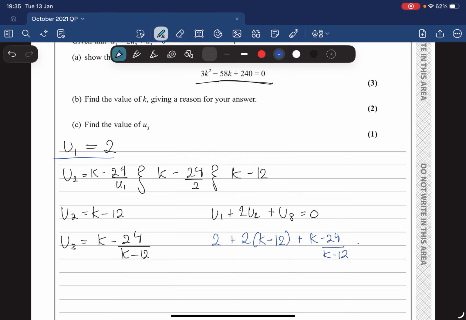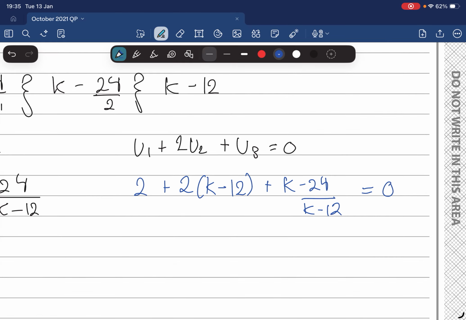Come on, work, man. Okay, and that is all equal to 0. Tidy that boy up a little bit. So we get 2 plus 2k minus 24 plus k minus 24 over k minus 12.